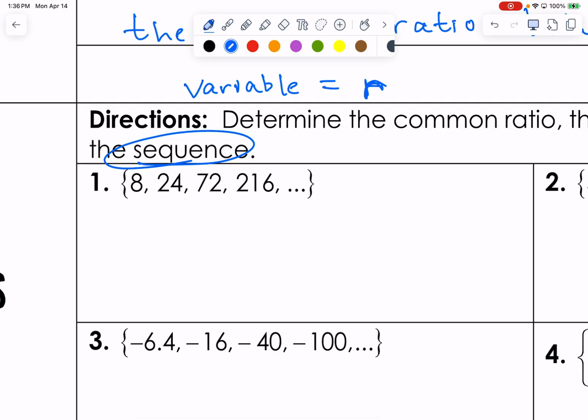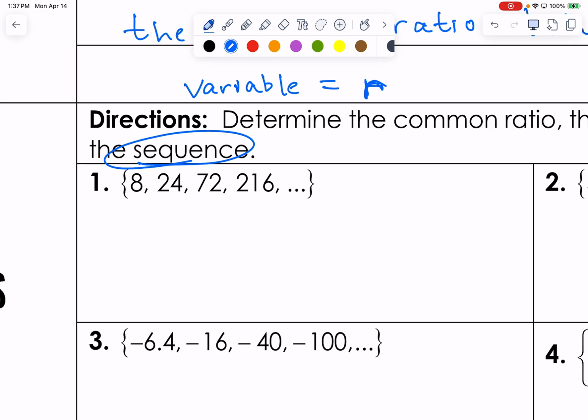After you figure out the common ratio, it's multiplication. So once you find the common ratio, to get the next 3 terms in the sequence, you multiply by that every time. Geometric is going to be repeated multiplication. Arithmetic was repeated what? Addition. Arithmetic was repeated addition. Geometric's going to be repeated multiplication.